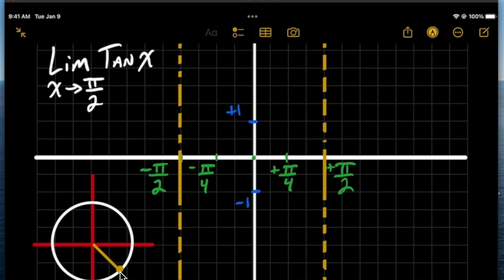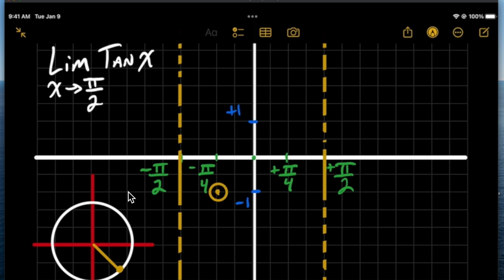And when you put y over x, you're going to get negative 1. And of note is the slope of that line, which is y over x, which is rise over run, is going to be negative 1. So at x equals negative pi over 4, our input angle, our y value is going to be negative 1, like so.